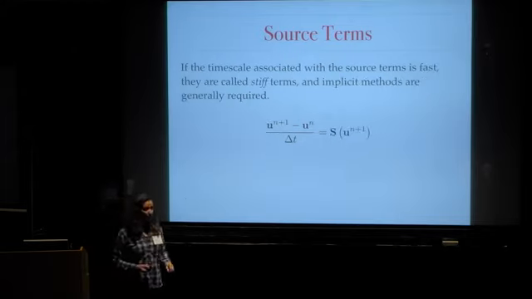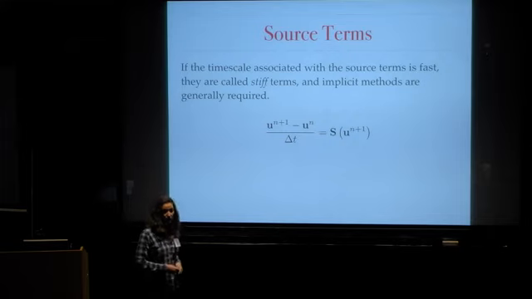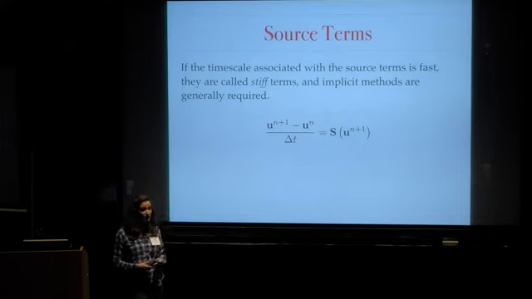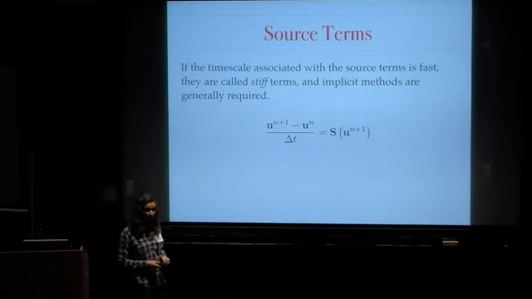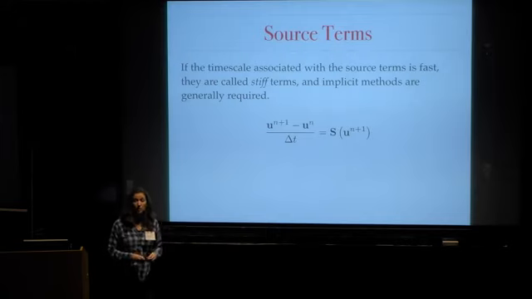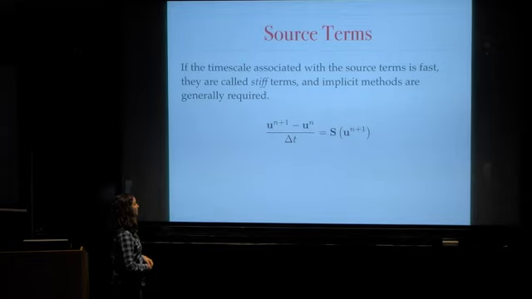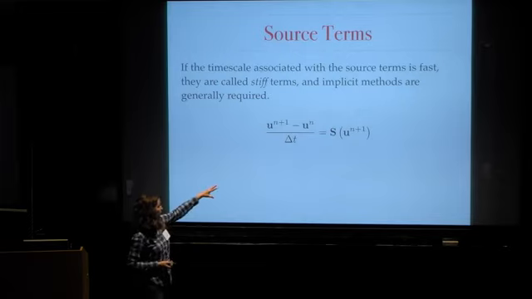However, the time scale that's associated with those source terms could also be very fast. In that case, we refer to those source terms as stiff, and you will generally run into problems if you just follow an operator splitting approach. So in that case, another option might be to do an implicit method.